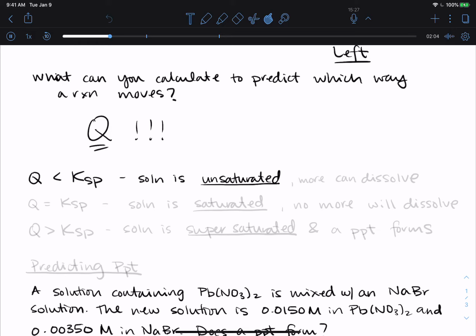So it does not have as much of the salt dissolved as it possibly could, so more can dissolve. Q equals KSP. Well, this means it's at equilibrium, right? No more is going to go in solution because it's already hit the point it wants to get to. We call this solution saturated. So no more will dissolve.